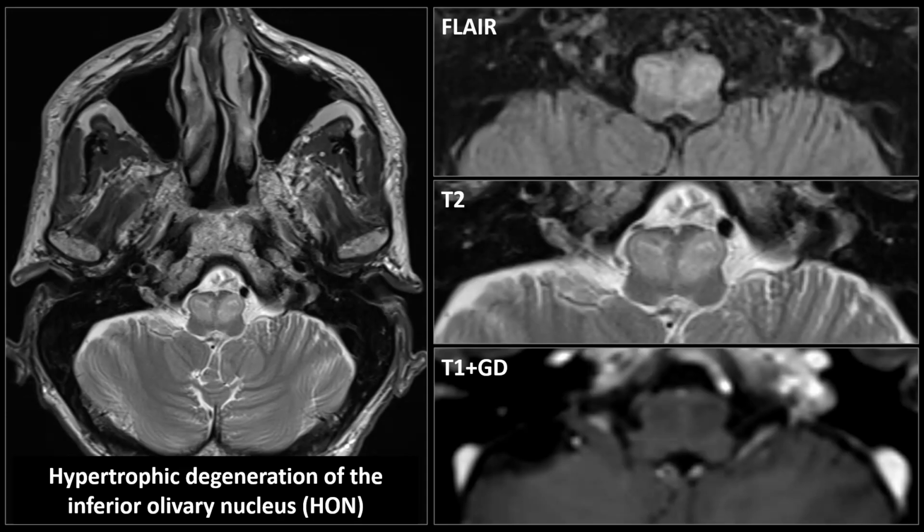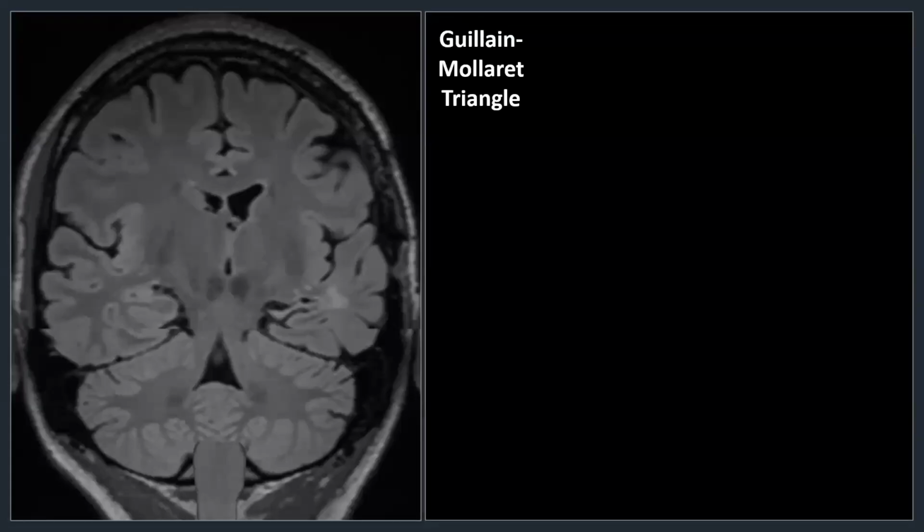And if it is degeneration, it means that some of the fibers going to the inferior olivary nucleus have to be damaged for this to occur. This isn't exactly true. In about half of cases, we can't really find a structural cause, but in another half of cases, we can. So what pathways should be damaged to cause a hypertrophic degeneration of the inferior olivary nucleus?